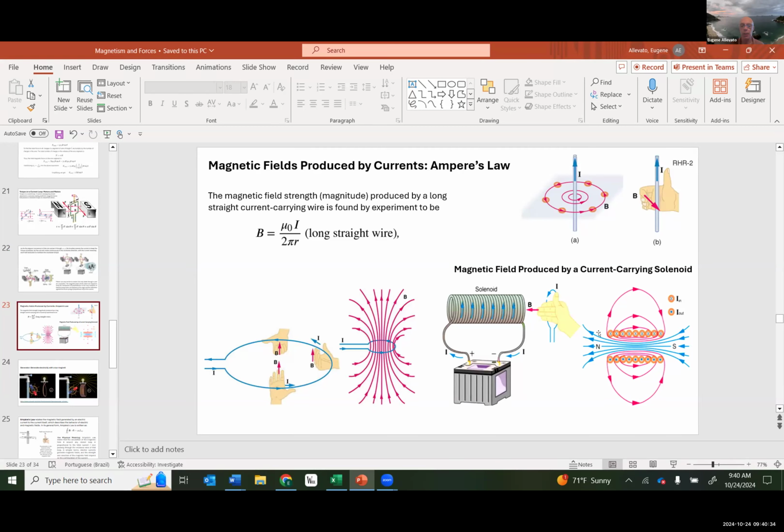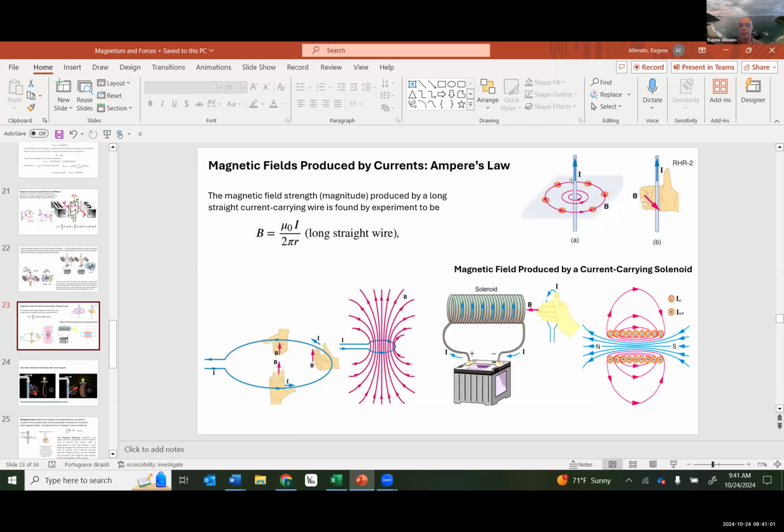Now here is Ampere's law that correlates the magnetic field with current, directly proportional to the current. So more current, you're going to have more magnetic field. It's not necessary for you to memorize the formula, but it's important to see that the magnetic field is in direct proportion to the current.